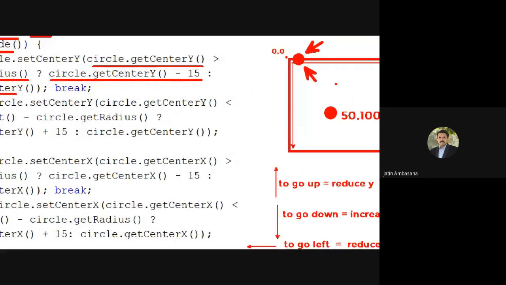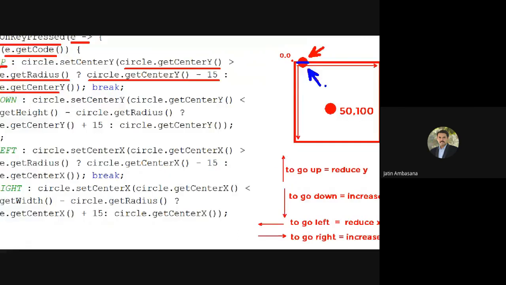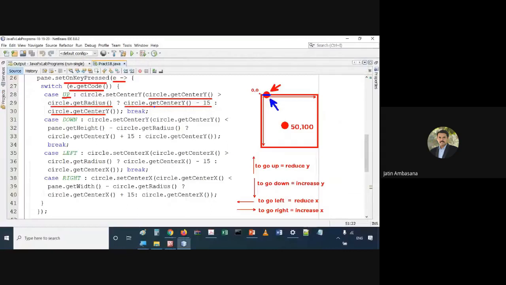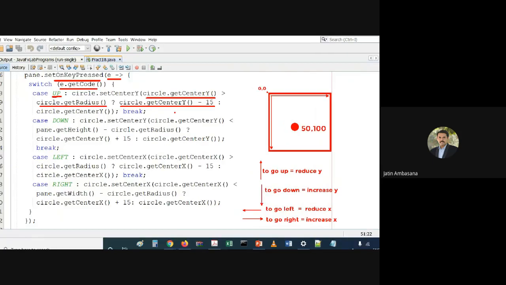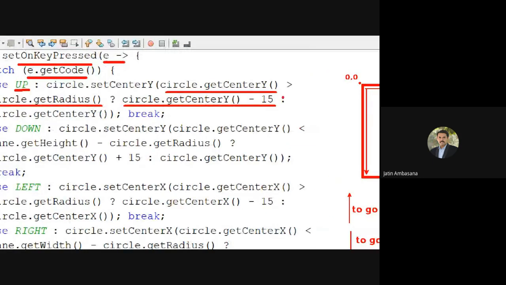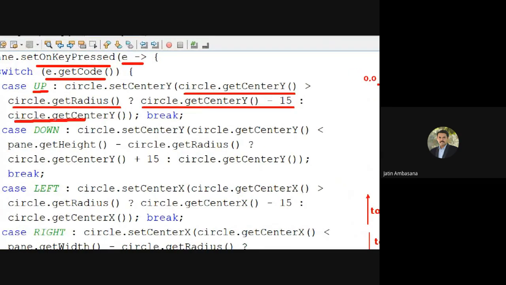That is not good, right? So what do we do? We get the center and reduce 15, and otherwise we get the center as it is.